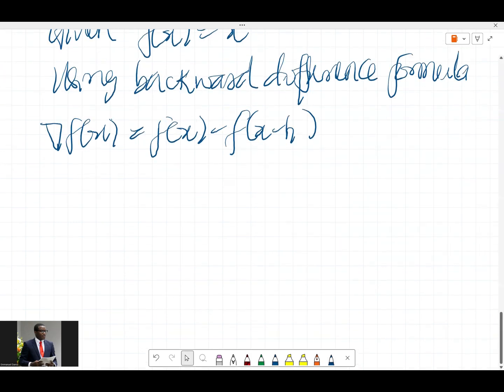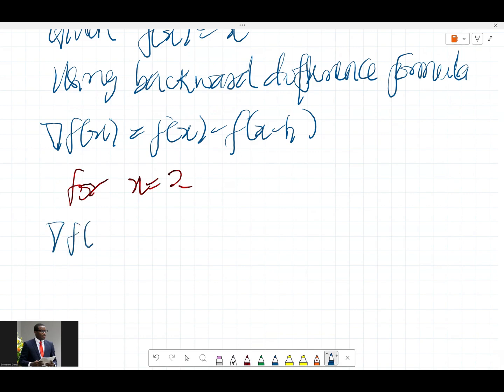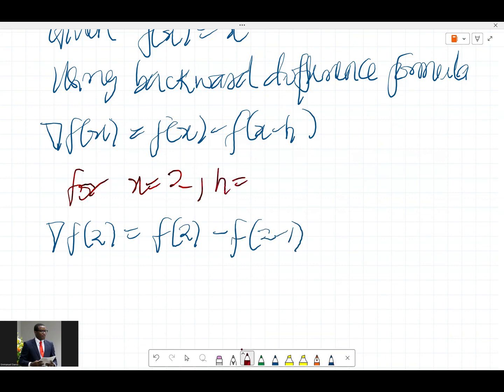So if we take x equals 2, nabla f of 2 will simply be f of 2 minus f of 2 minus 1, assuming that h is equal to 1.